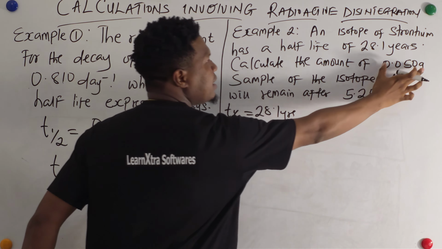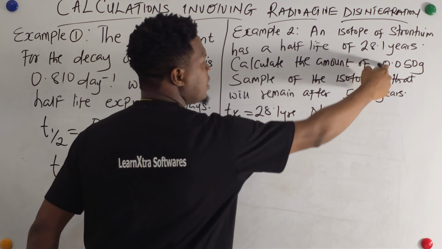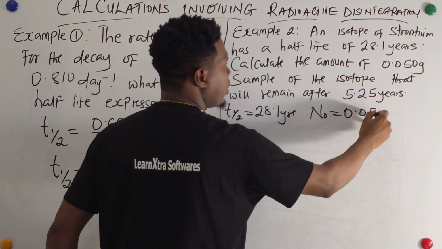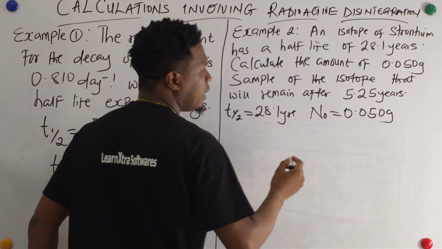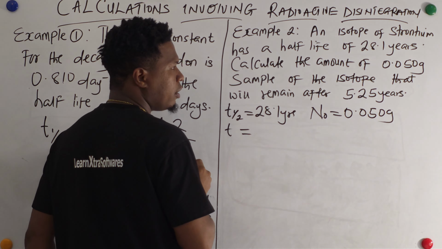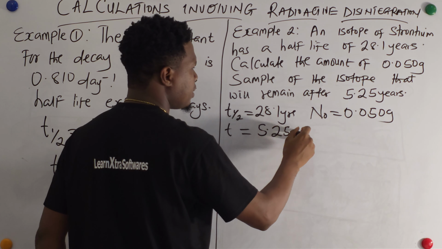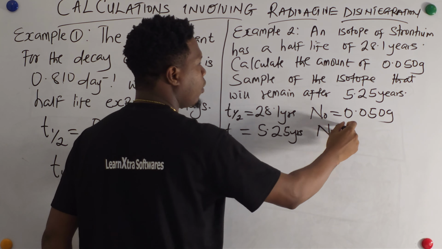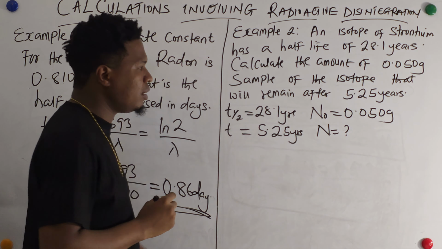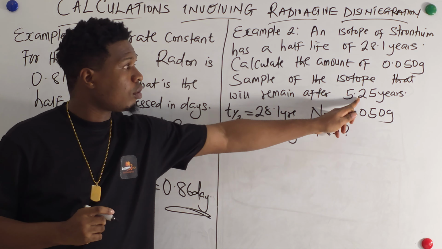So how much of this will remain after this time? N naught, the original amount, is 0.050 gram. The time taken to decay is 5.25 years. We are looking for the amount that will remain after taking this long.